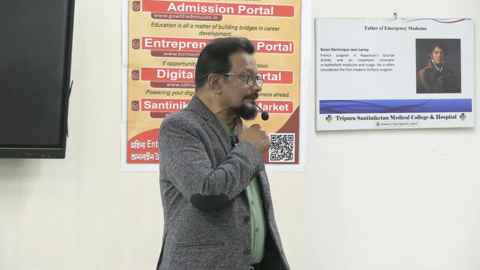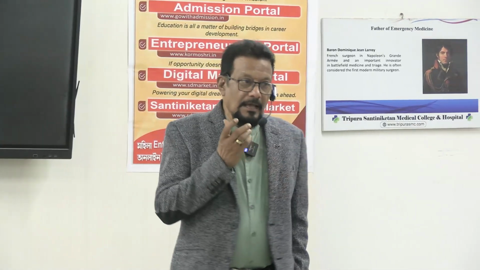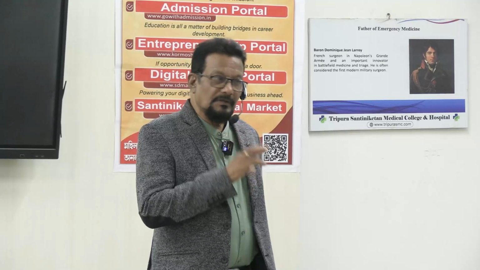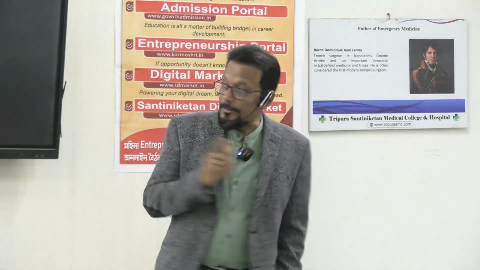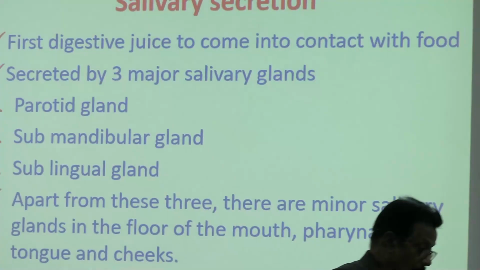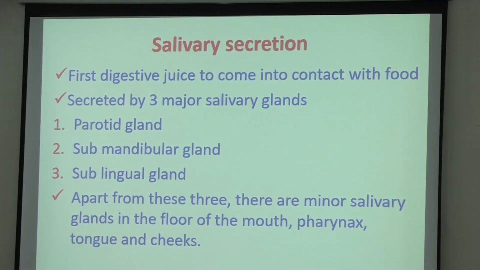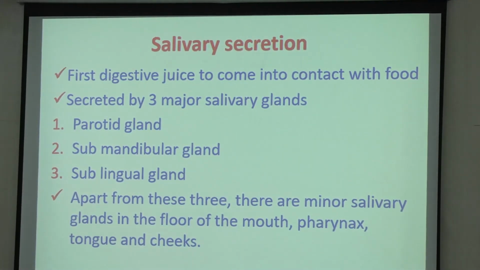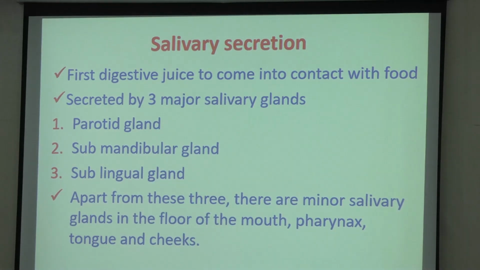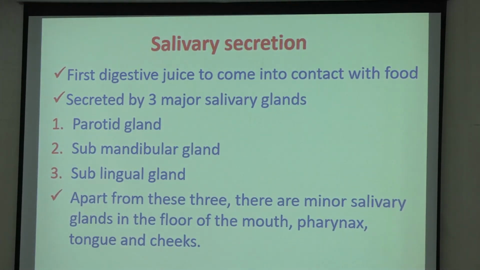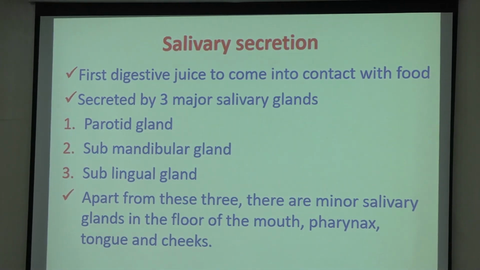The others are mixed glands. They will secrete zymogen, mucin, as well as different ions. We will compare these values when we take food, and this food will face enzymes for digestion. So it is the first digestive juice that food will face.